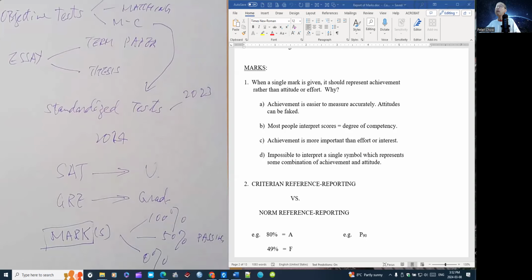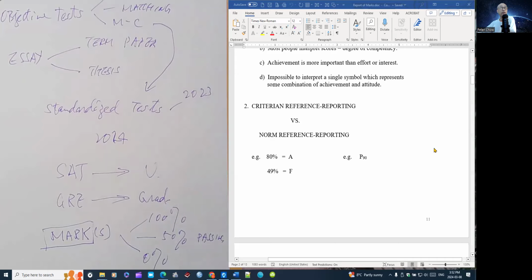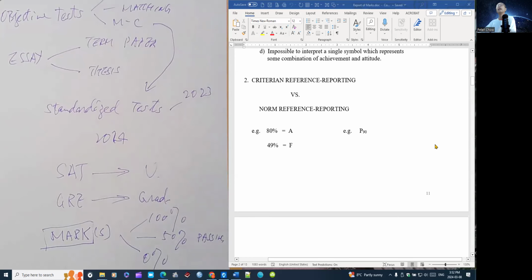And we must know that both attitude and effort could be faked. So it is important to realize that a teacher's mark should be based on achievement, is that right? Not effort or attitude.